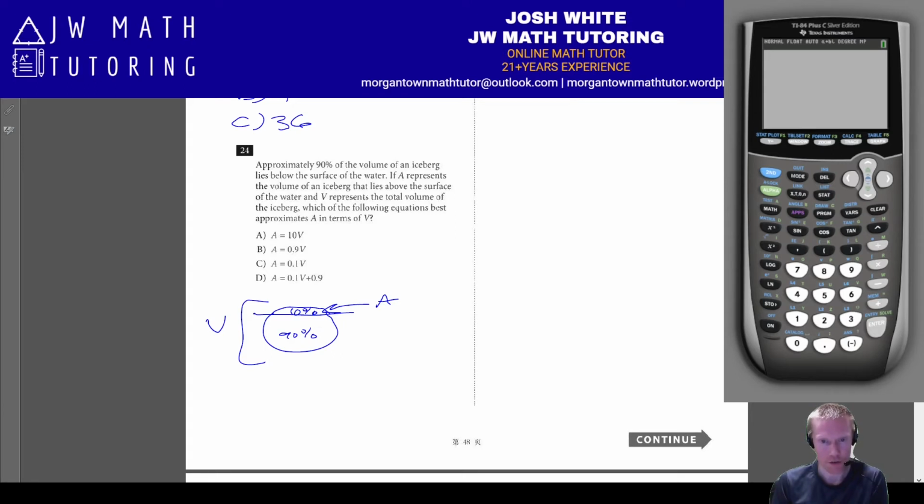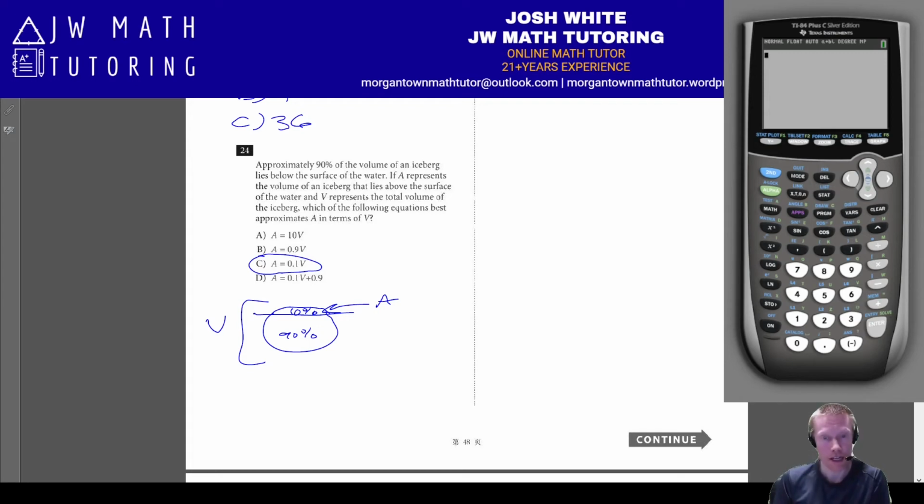So the correct answer to this one is going to be letter C, because that basically describes exactly what I said: A, which is the volume above the surface, is equal to 10% or 0.1 times V, the overall volume.